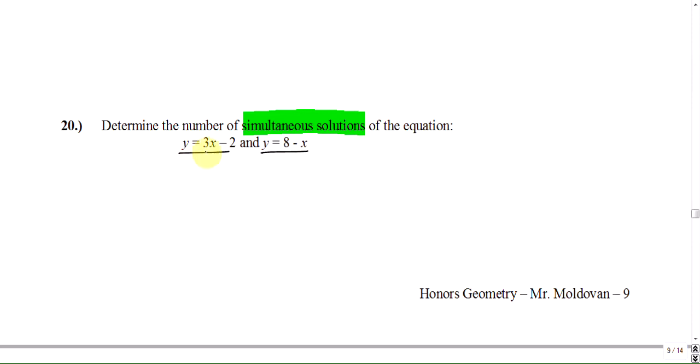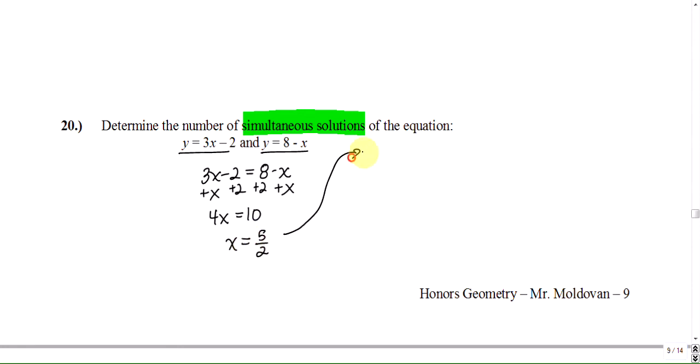So they're both already in the form y equals, so I'm going to set everything else equal to each other, just like that, if that makes sense. Then I'm going to plug it back in.